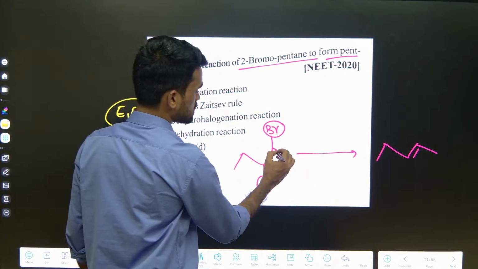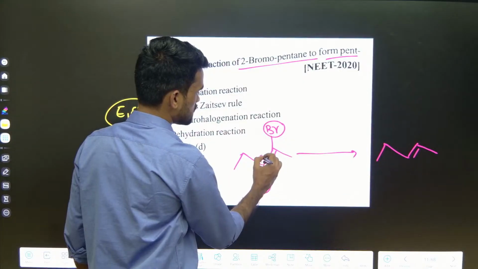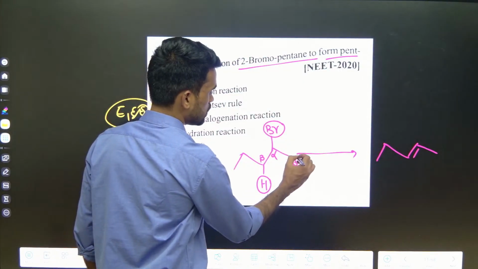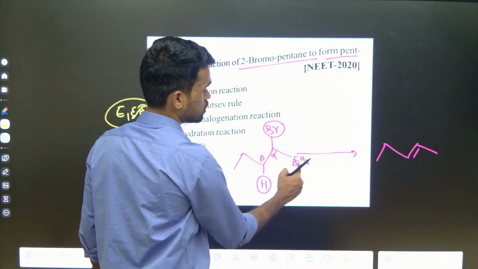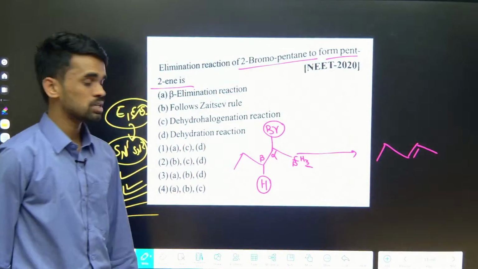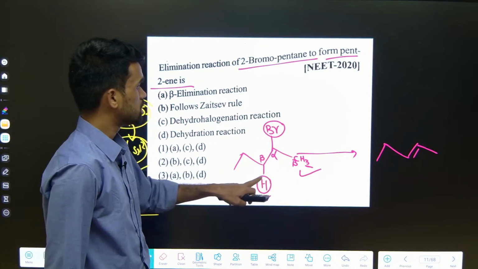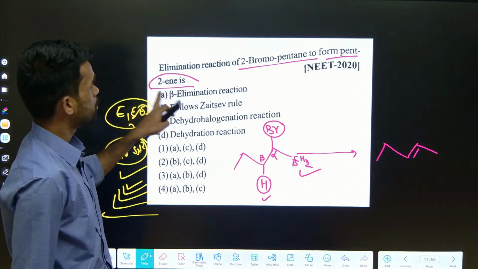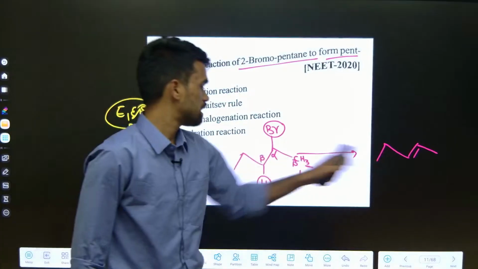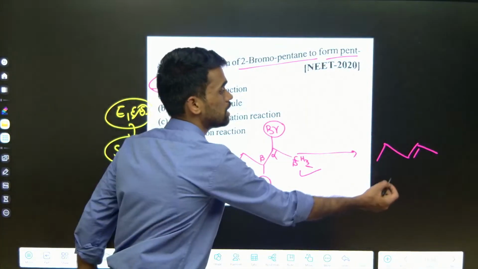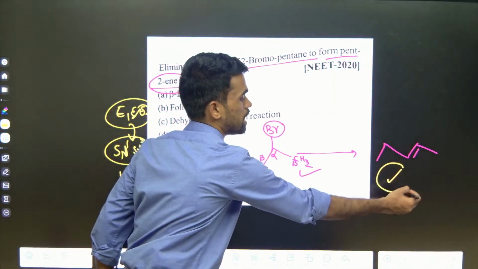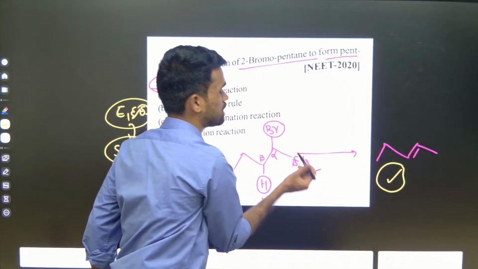For this carbon, which is alpha, this is also beta, and this methyl group is also beta. So these hydrogens can also be beta protons. You can remove a beta proton from here or from here, but specifically it is mentioned that it is pent-2-ene. It means the internal proton is removed, because internal alkenes are more stable by hyperconjugation compared with terminal alkenes.